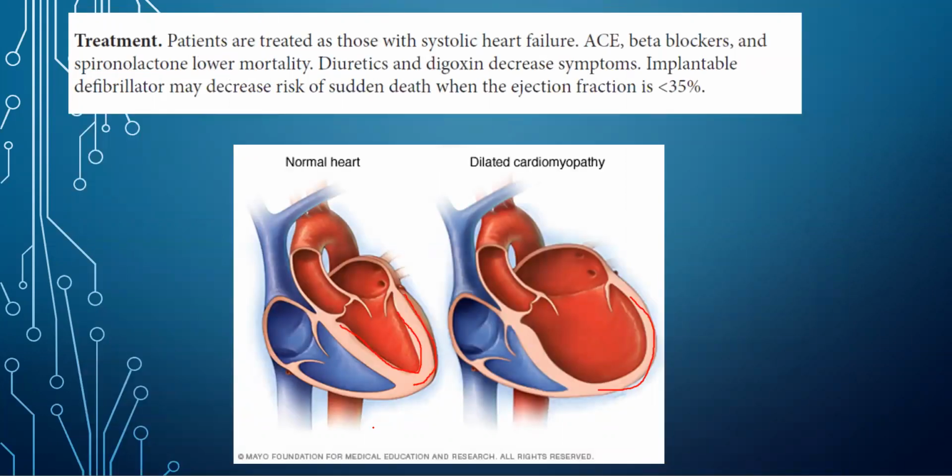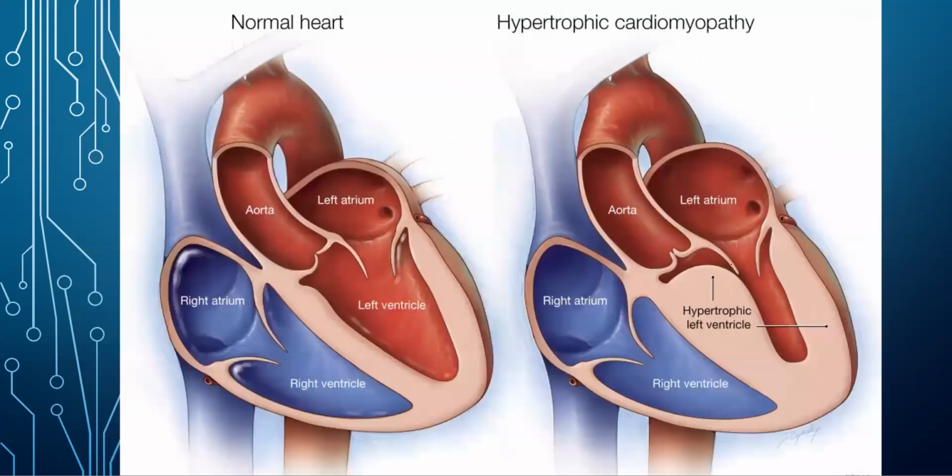So how to treat this patient? You treat similar to systolic heart failure, which means ACE inhibitor, diuretics, and beta blocker. This patient might be a candidate for an AICD if their ejection fraction is less than 35%.